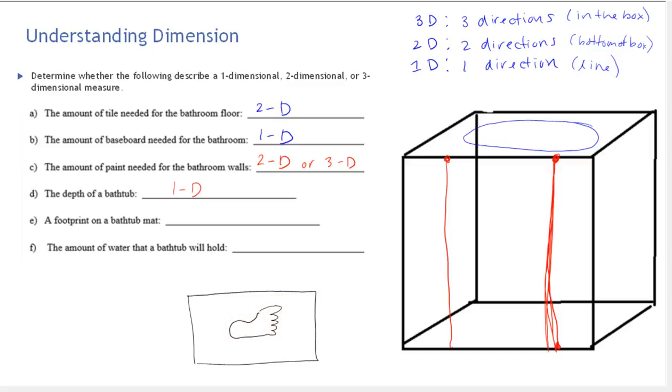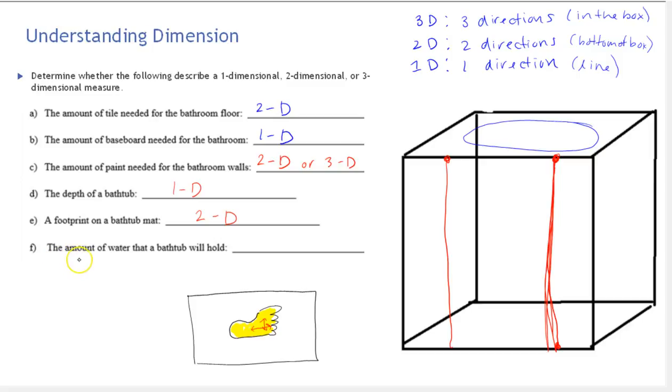But since we want the entire footprint, I would have to color this in. And notice that this has 2 dimensions. There's an up or a down and a right or a left along the bath mat. So this is a 2D measure.